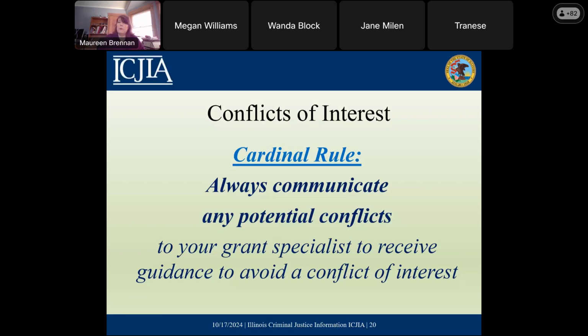But typically, what we're trying to do is to address the conflict, but to keep the integrity of the program. So it's always going to be communication with your grant specialist, and we communicate with the attorneys, and we come up with the best guidance to avoid any conflict of interest.